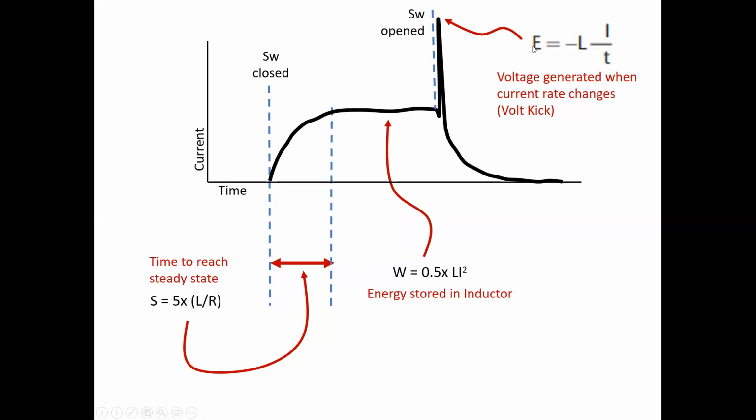That voltage can be calculated with this equation: negative L I over T. This is commonly known as a voltage kick. A voltage kick is something that we want to try to limit.